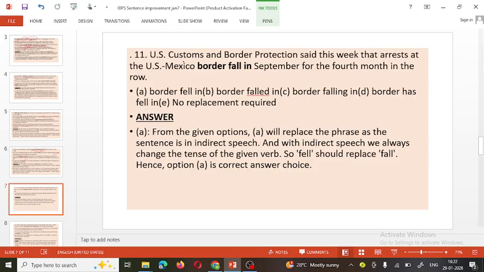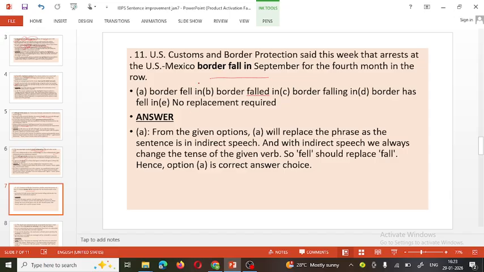Next: "US Customs and Border Protection said this week that arrests at the US Mexico border fall in September for the fourth month in the row." The highlighted part is "border fall in". The options are: border fell in, border falled in, border falling in, border has fell in, or no replacement.